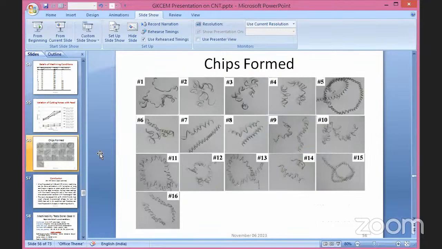And for the chips, you can see that most of the chips are either irregular or conical helical chips. Whenever chips are more flat and continuous in nature, they can be considered good quality chips, which will be desired.